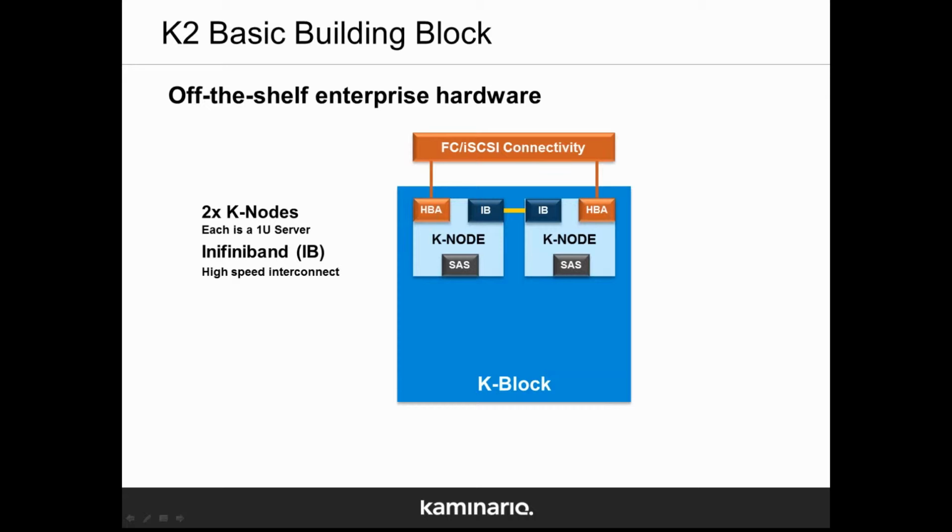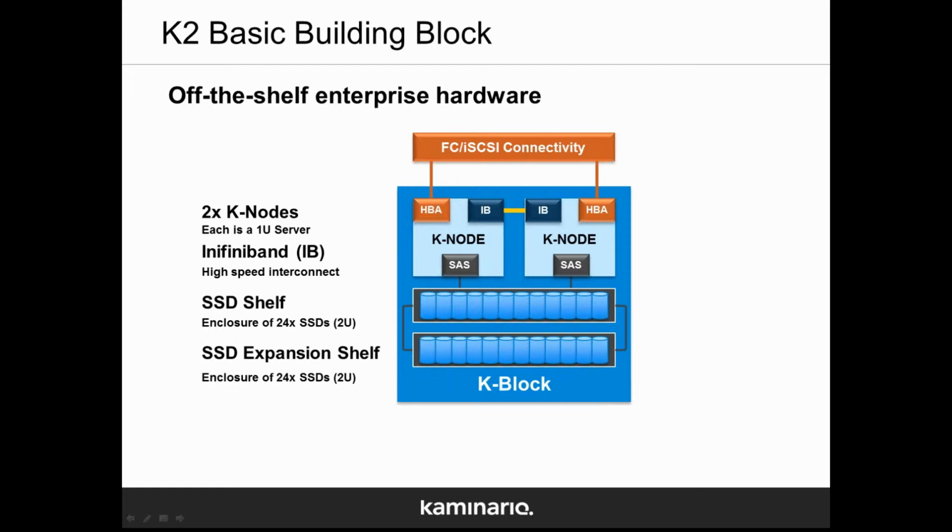A K-block includes two nodes, two Intel servers, and external connectivity. The customer can choose between Fibre Channel and iSCSI, and you can attach an SSD shelf. The minimum is a single shelf, and it's possible to scale up by attaching a shelf to the existing K-block.